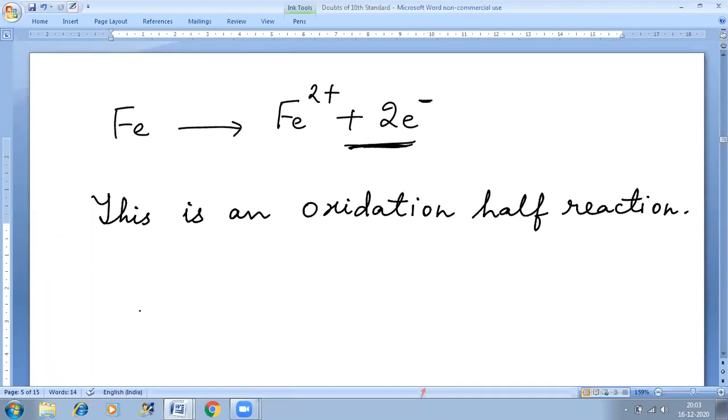Why oxidation? Because there are electrons shown on the right hand side. But this is not a redox reaction, because in a redox reaction, you will never come across electrons. So this is an oxidation half reaction. That's all. It is not a redox reaction.